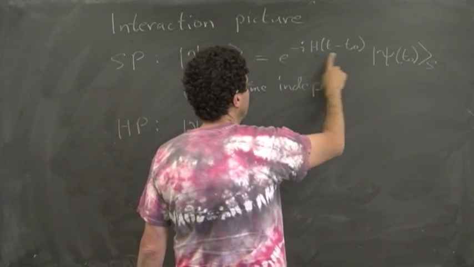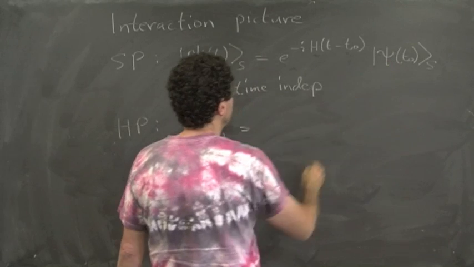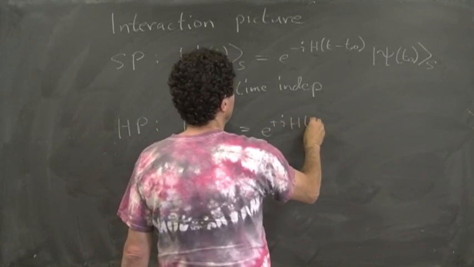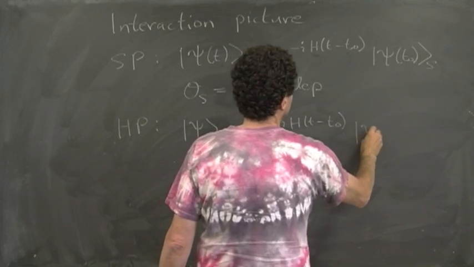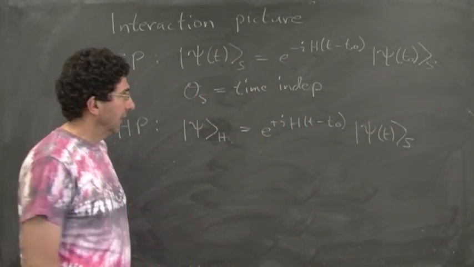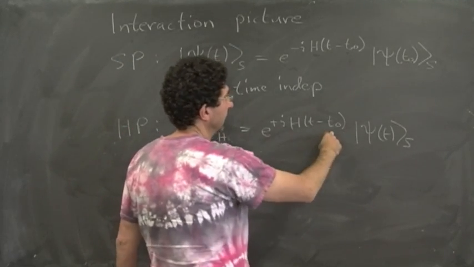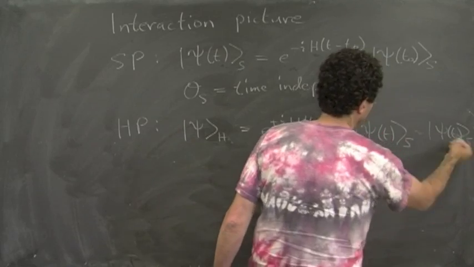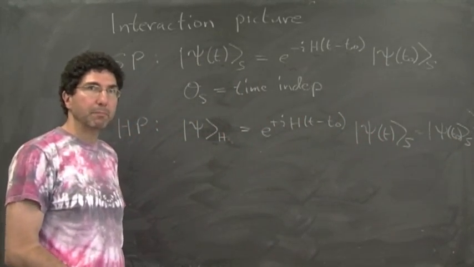The idea is that we take out all the time evolution from the states. So we define that to be e to the plus iH(t minus t naught) times the Schrodinger state, and when we do that, this just gives me the Schrodinger state at t naught, which doesn't depend on t.